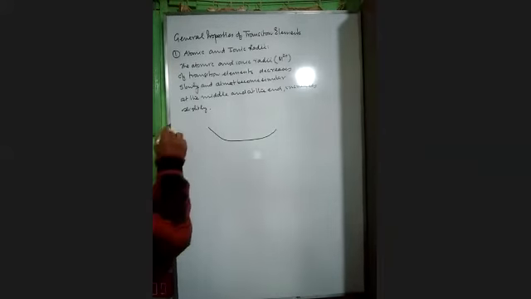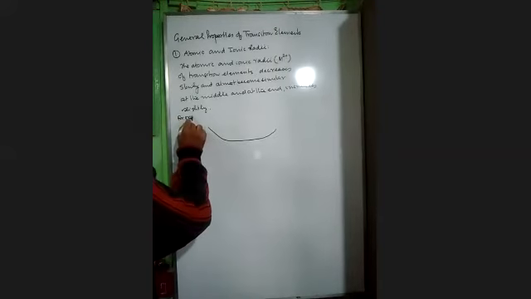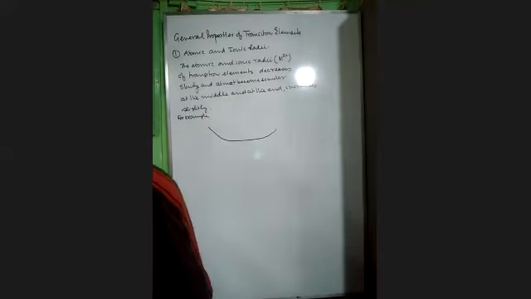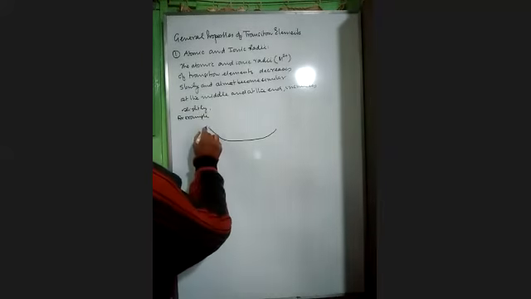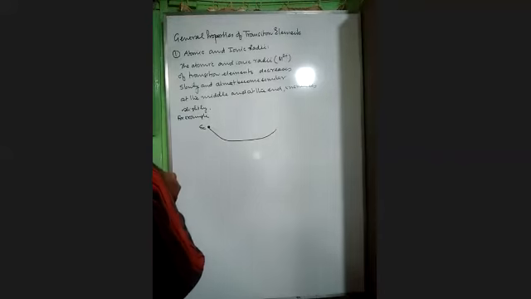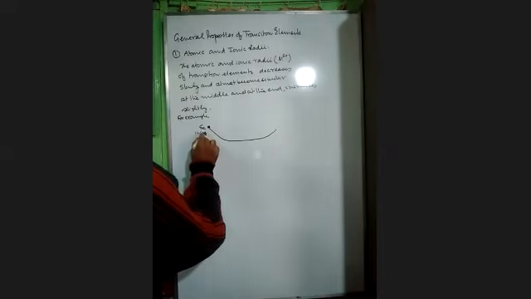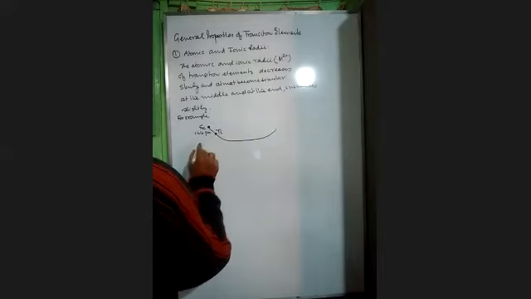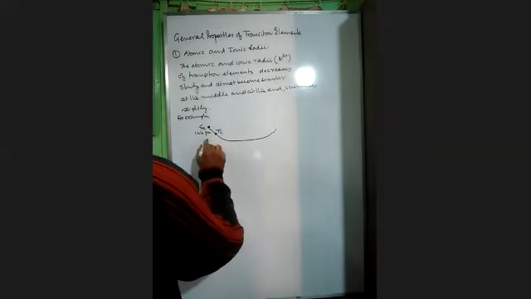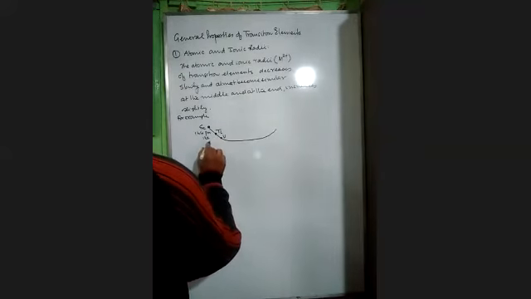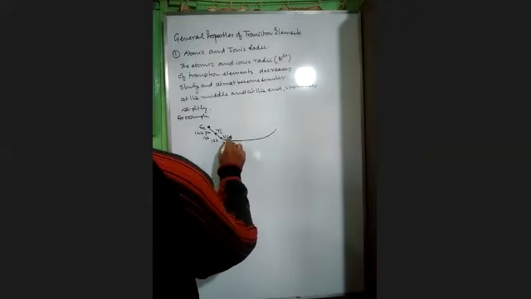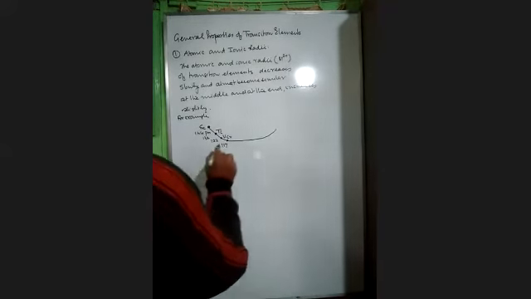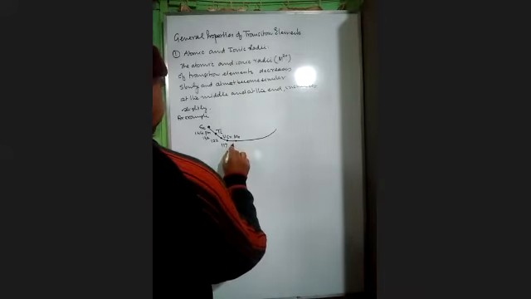All right. So we can write here now. For example, say it is scandium, okay? It is 144 picometer. Titanium, 132. Then vanadium, 120. Then chromium, 117. Then manganese, 117.